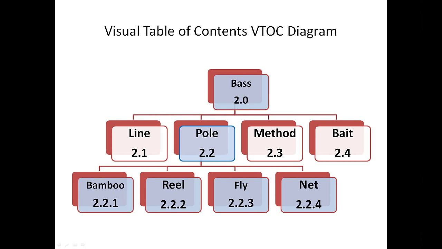We can then continue to visualize our writing plan in greater and greater detail using the same sort of visual diagram. We number each new level of detail by adding a new number that is linked to the higher level of number. The blue shaded boxes now tell us about all of the different types of fishing poles we will discuss as being appropriate to fishing for bass.